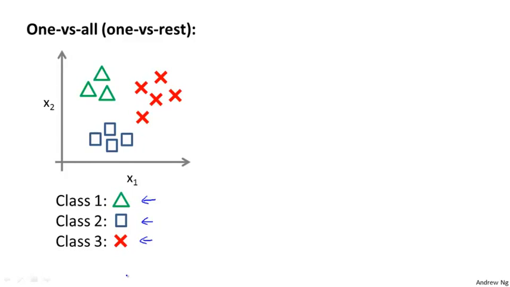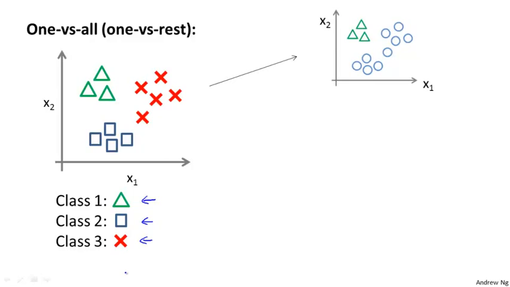So let's start with class 1, which is a triangle. We're going to essentially create a new sort of fake training set where classes 2 and 3 get assigned to the negative class, and class 1 gets assigned to the positive class. We're going to create a new training set like that shown on the right, and we're going to fit a classifier, which I'm going to call h subscript theta superscript 1 of x, where here the triangles are the positive examples and the circles are the negative examples.